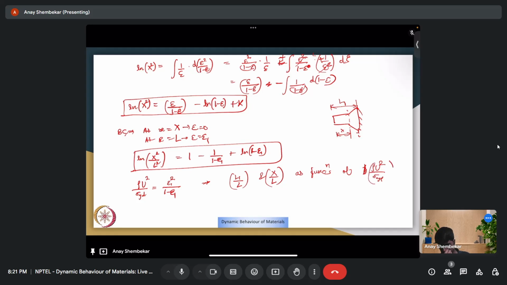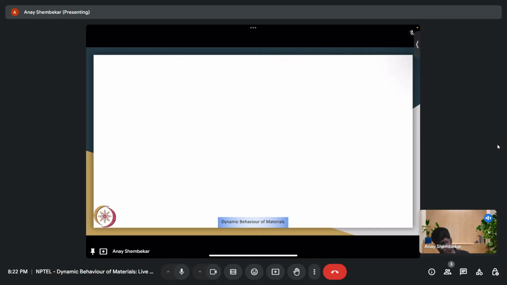So why this rho u square by sigma yd? It's because it becomes a dimensionless parameter to compare different kinds of boundary conditions.